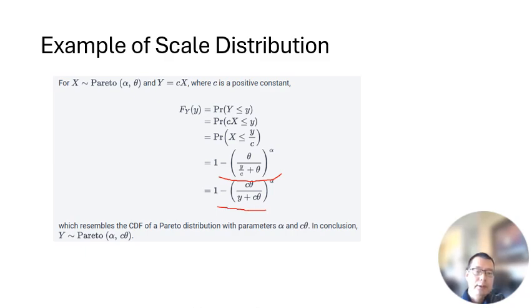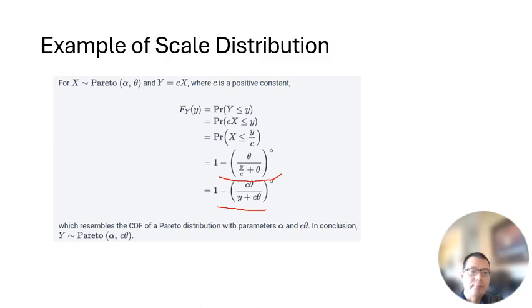Comparing this to the regular Pareto distribution, we can see that the new theta becomes C times theta. That's why in this case, theta is the scale parameter. It's scaled by C, but alpha remains unchanged.